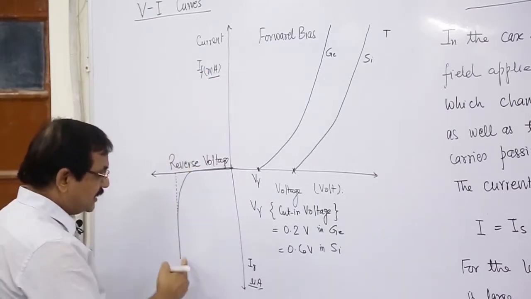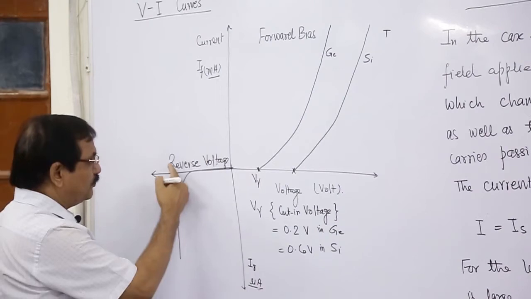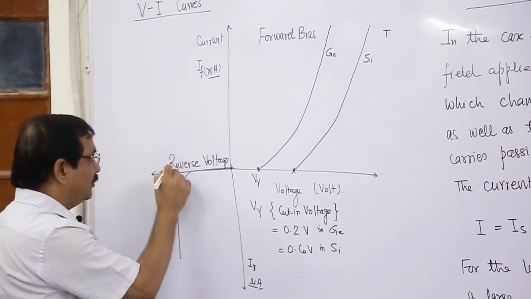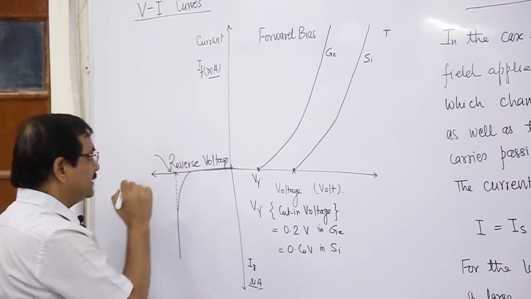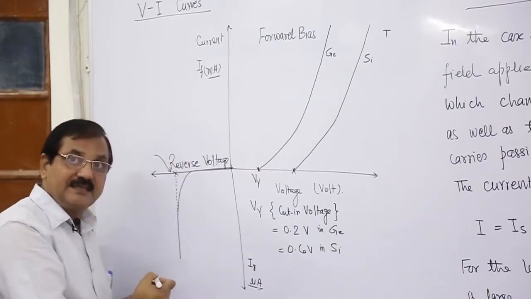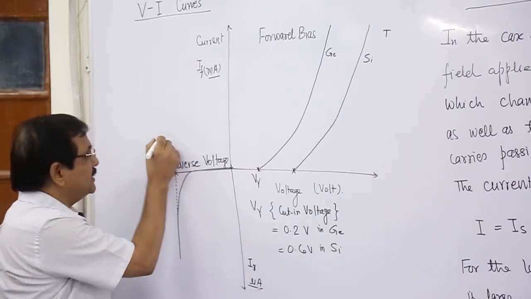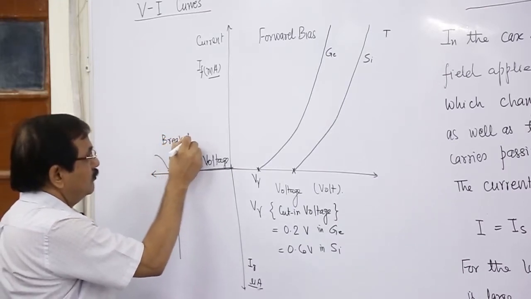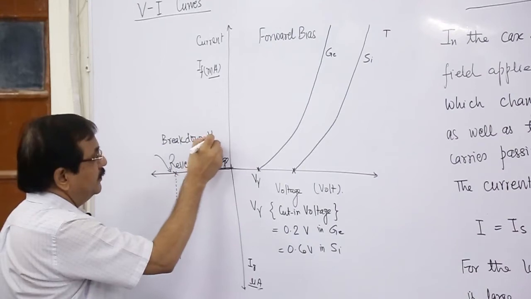At a particular point the current shoots up, and the voltage at which the current increases to a very large value is known as the breakdown voltage.